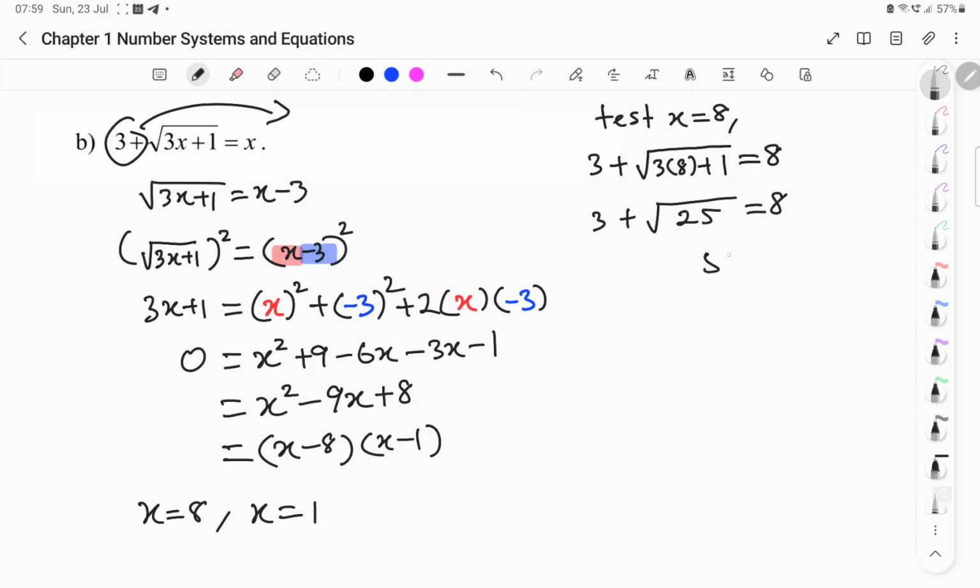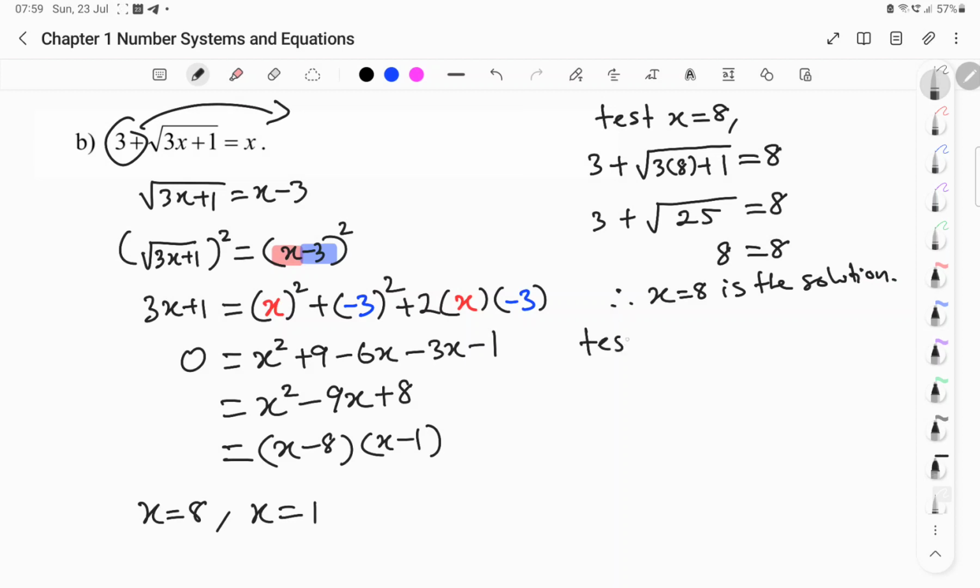Okay, 25 is 5. 5 plus 3 is 8. So 8 equals 8. So this is true or not? It is true. When it is true, therefore, x equals 8 is the solution. Okay.